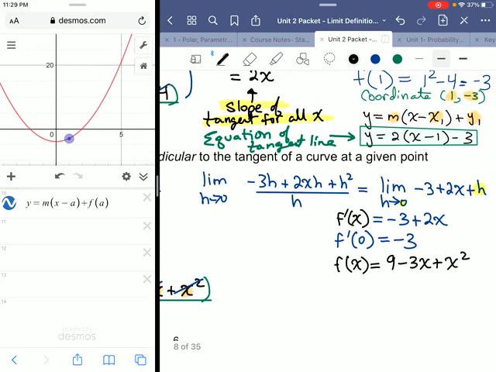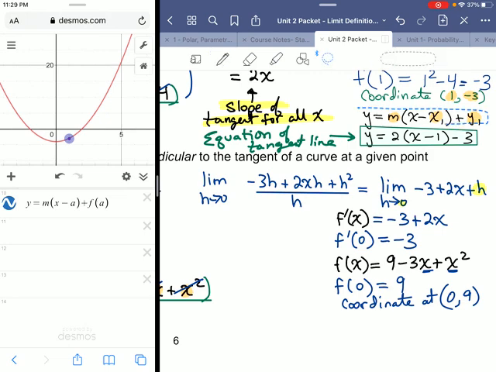Just verify: when x is equal to 0, so f of 0, replace all your x's with zeros, it's just going to give you a 9, which gives you a coordinate at 0, 9.